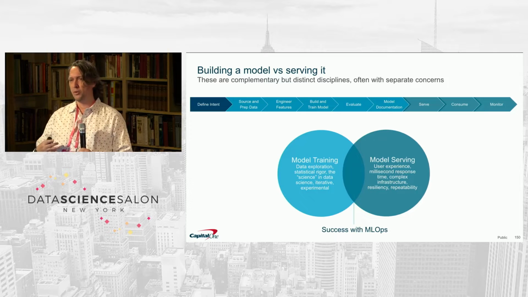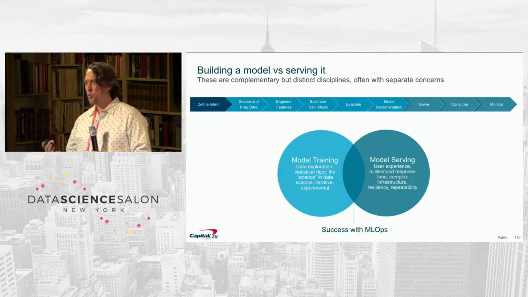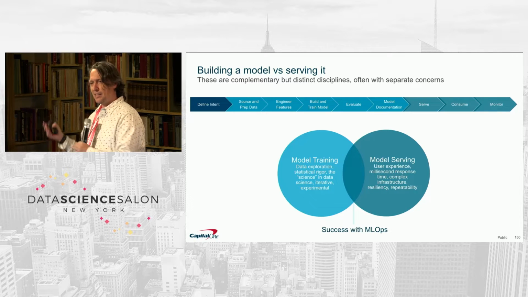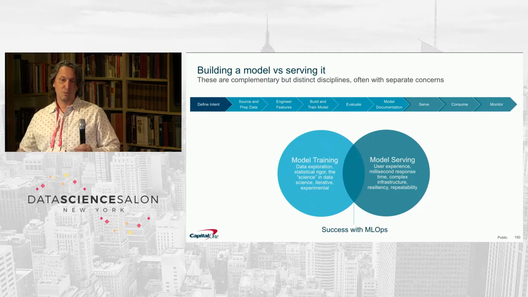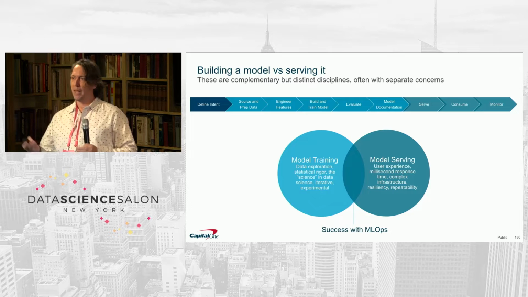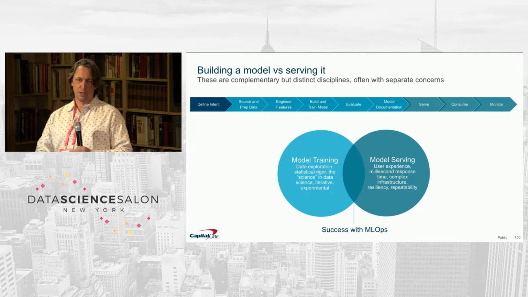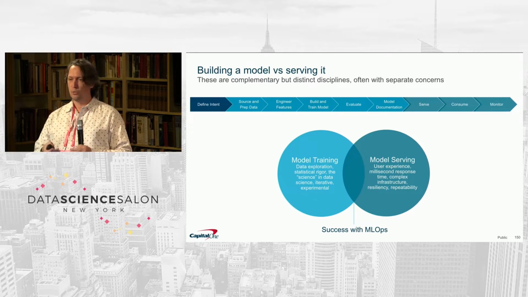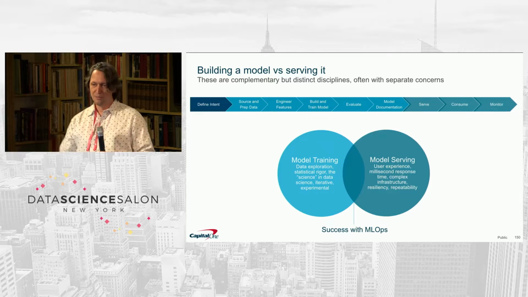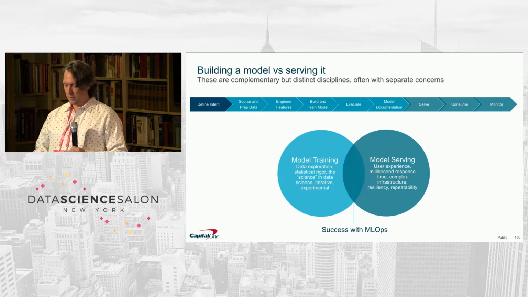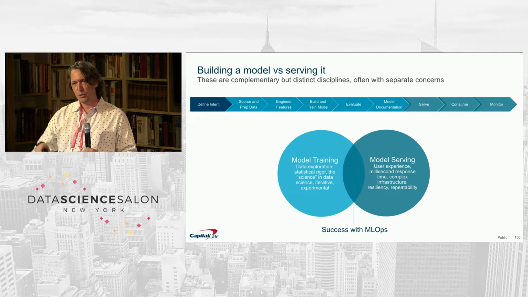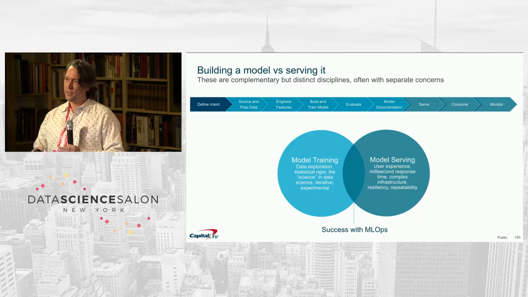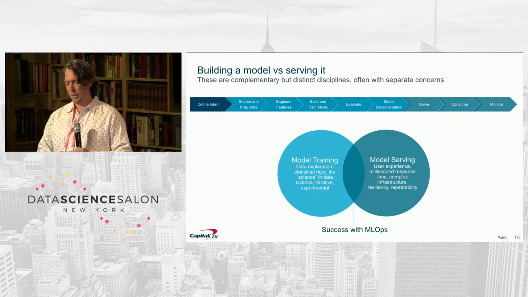That is the world that we came from, where you have an engineering team on one side of the house and you have a data science team on the other side of the house. They don't talk with each other. They don't really have the same language, quite literally in terms of programming languages. And then you have to throw code over the wall, and you have all these challenges along the way. So the success with MLOps is really when you're able to create that intersection in this Venn diagram and create an actual overlap.